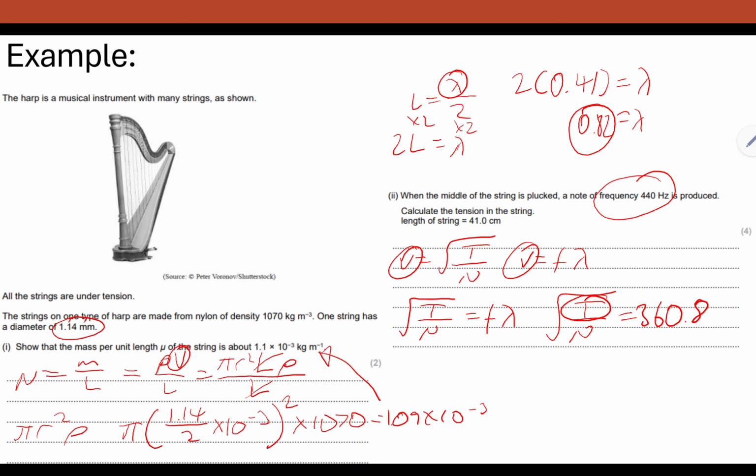So now we want to find the tension. So we want to rearrange to make T the subject. We have 360.8, and because everything is rooted, we want to square both sides. So we get 360.8 squared equals T over mu. And because we want T by itself, we times both sides by mu.